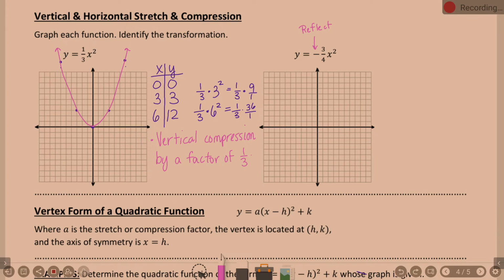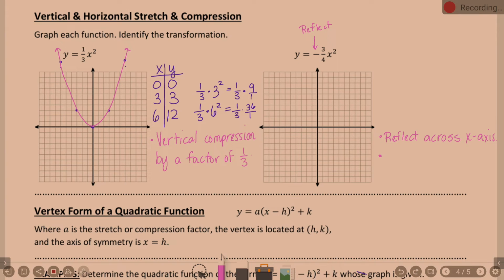The x-axis. So I'm going to go ahead and come down here and write this while I'm thinking about this time. That we're going to reflect across the x-axis. And what else are we doing besides reflecting across the x-axis? Vertical compression.